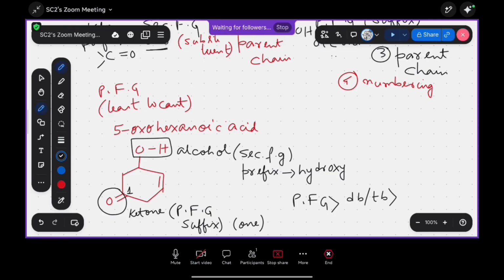That means double bond or triple bond will get the lower locant. After that, we are having the secondary functional group, or you can also say the alkyl group. The secondary functional group gets the less priority, so it will get the highest locant. So the carbon atom containing OH will get the locant 5.